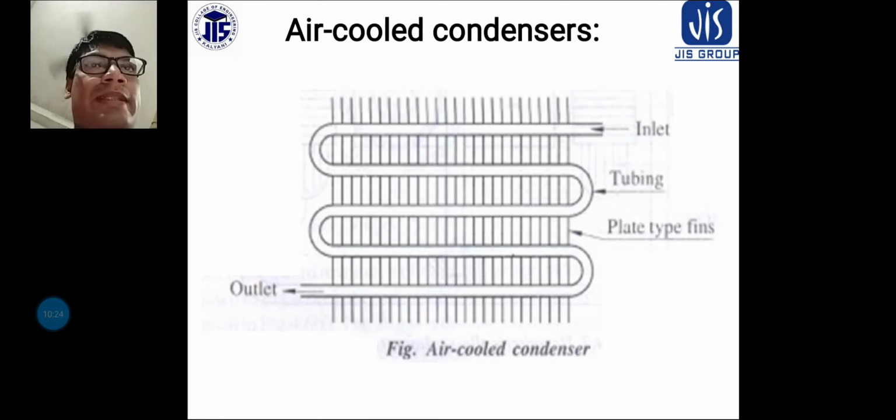If I am talking about the forced air circulation condenser, then in this type of air cooled condenser a fan or blower is employed to move air over the condenser coil at a certain velocity.